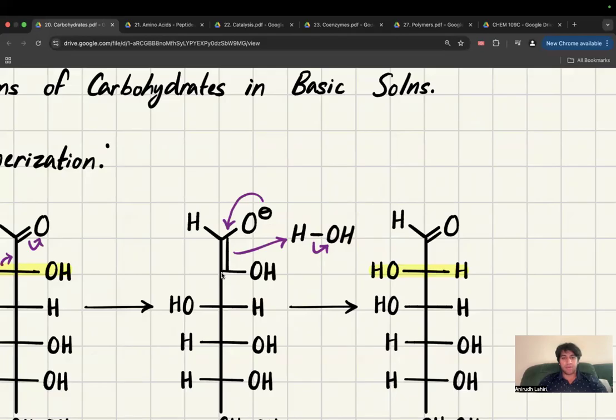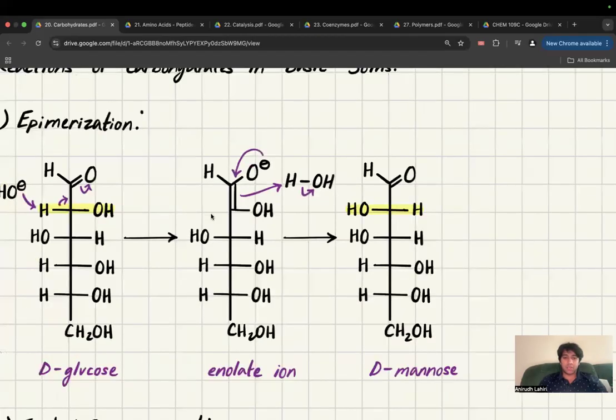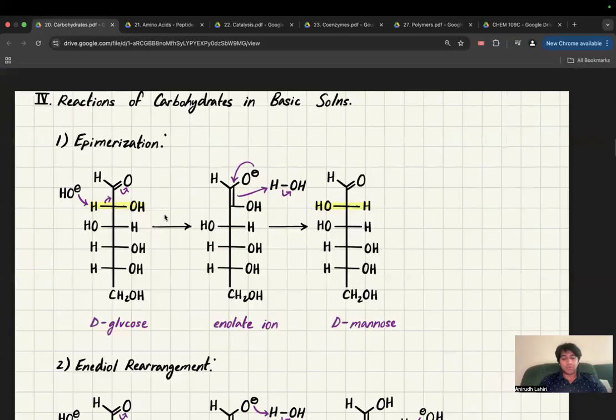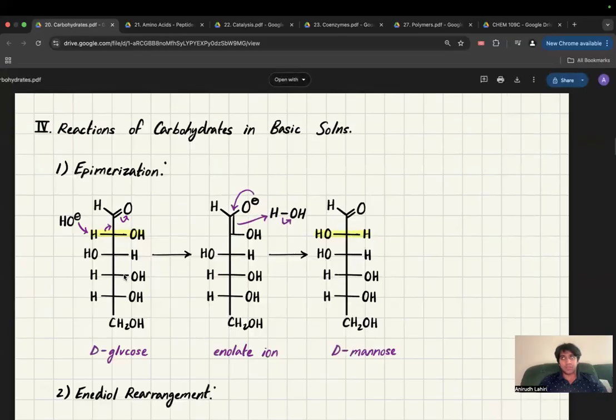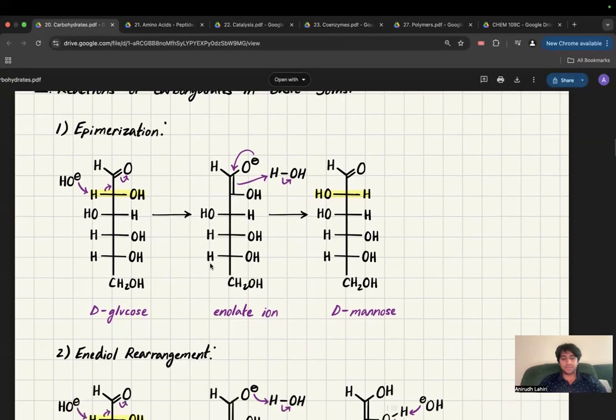Since we don't have four different things connected to it, it's no longer a stereocenter. Then when the electrons come down, we grab a hydrogen. We could add the hydrogen either on this side or on this side, because when we have a double bond, there are no sides. So it's very possible during epimerization to get a completely trivial reaction where we just add the H back on this side, OH on this side, and get D-glucose. But we can also get D-mannose. From this enolate ion, we can go either here or here.